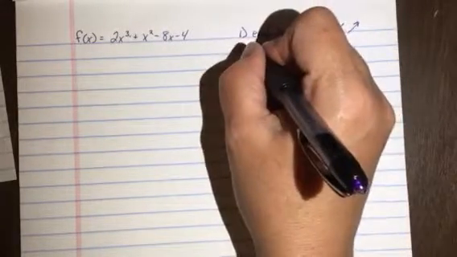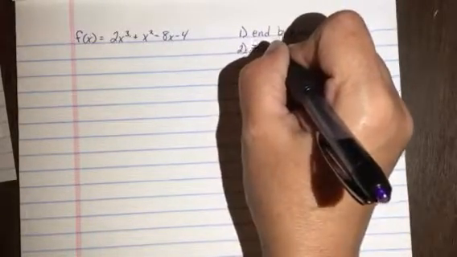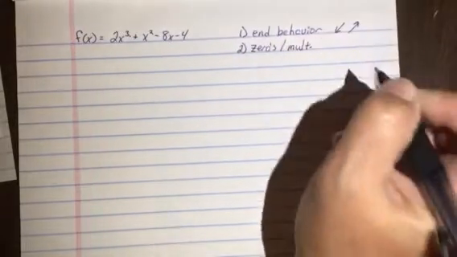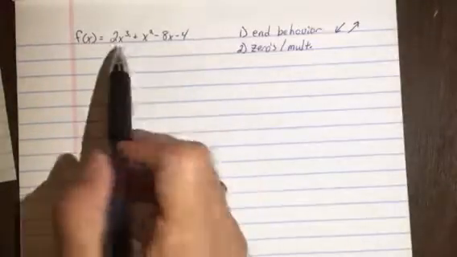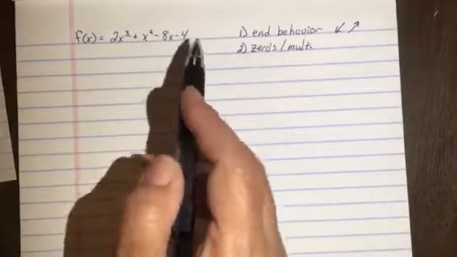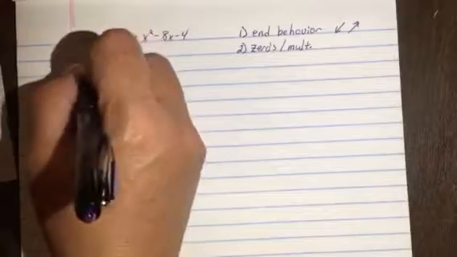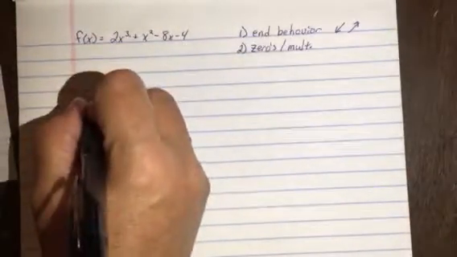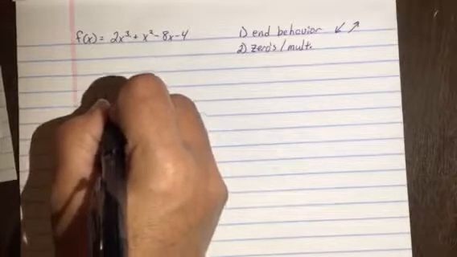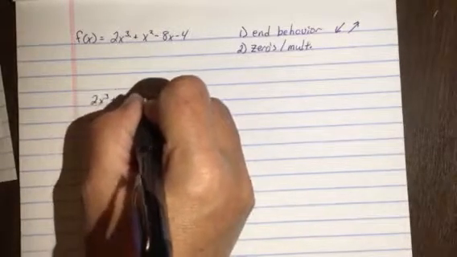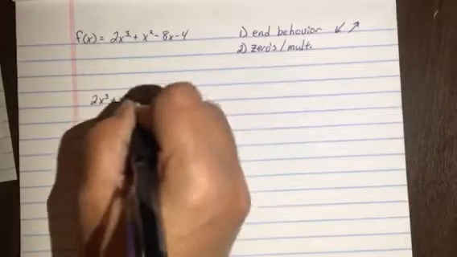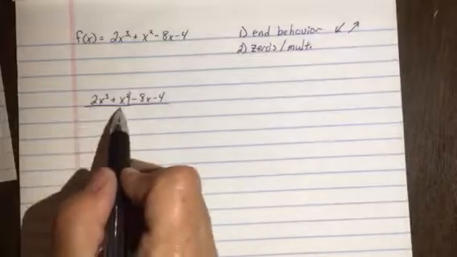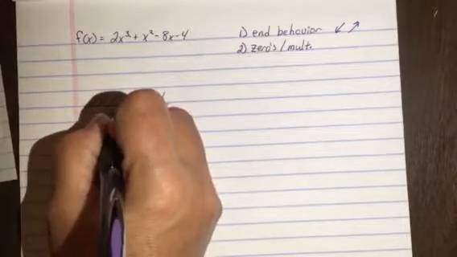Step 2, I'm looking for zeros and multiplicity. Now this one's not factored for me. I have 4 terms, so I've got to do some grouping. I've got to do some factoring on this one. So I got 2x cubed plus x squared minus 8x minus 4. It's 4 terms, I group. I look at the front half, I have a GCF of x squared.